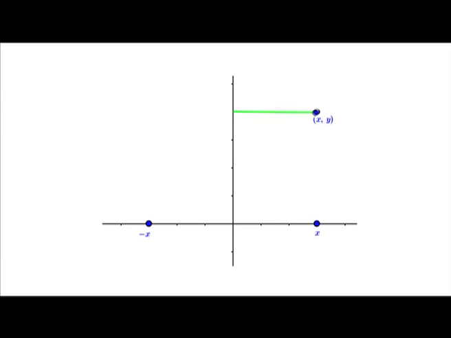If the equation does not alter when x is replaced by minus x, then we have a symmetry about the y axis. In this case, the graph on the left of the y axis is the mirror image about the y axis of the graph on the right of the y axis.